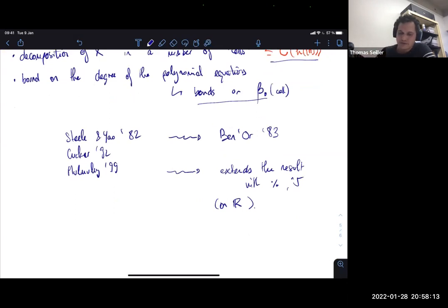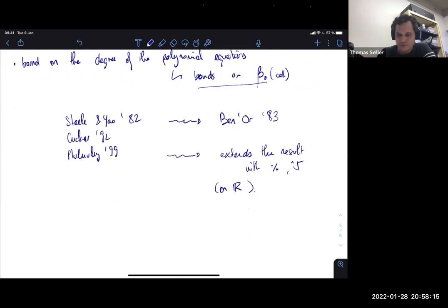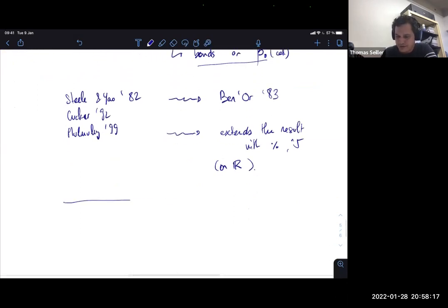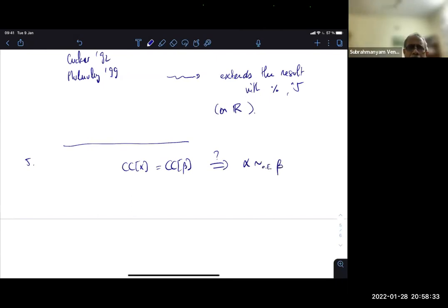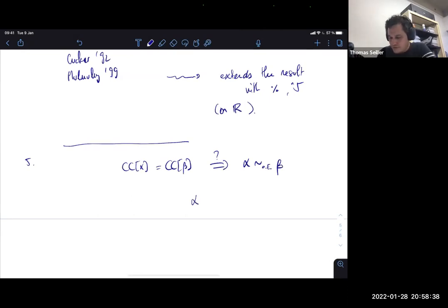Okay, so just to conclude, I will try to explain how it fits into this whole idea that I explained until now. So you have this thing that CC of A is equal to CC of beta. And you ask whether this implies orbit equivalence, right? And in fact, there's another notion of equivalence on group actions, which is called conjugacy.